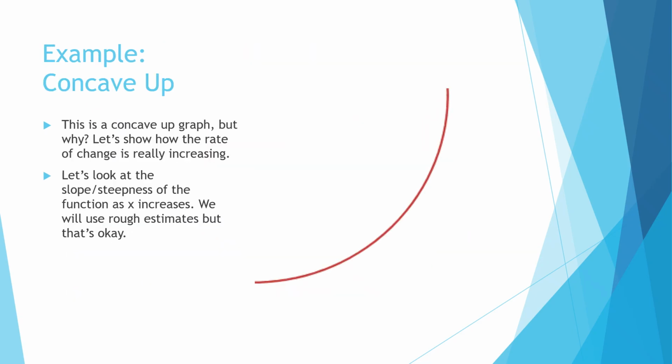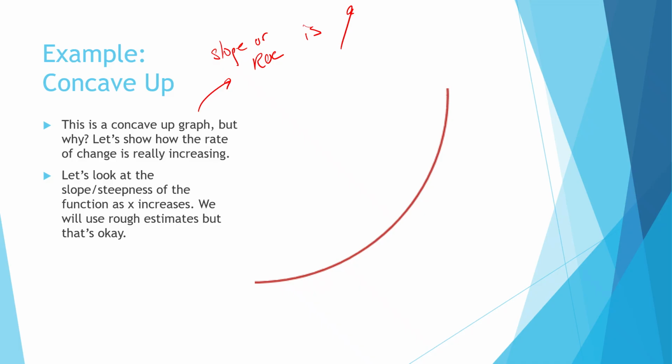So let's take a look at a concave up graph. This is concave up, but why? That is because we know any concave up graph means that the slope or rate of change, I'm going to put ROC for short, is increasing. So let's take a look at how the slope of this line is increasing.